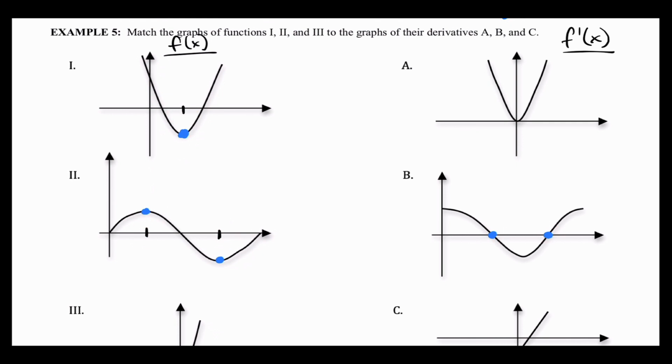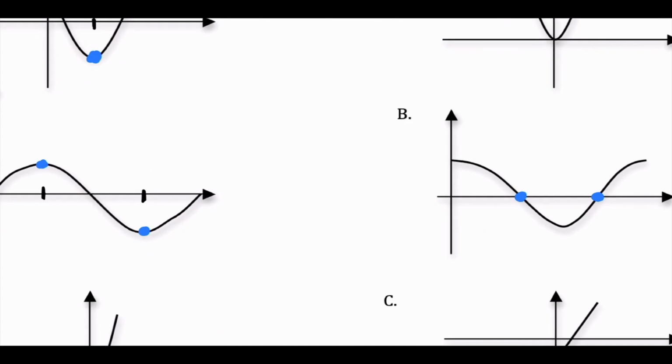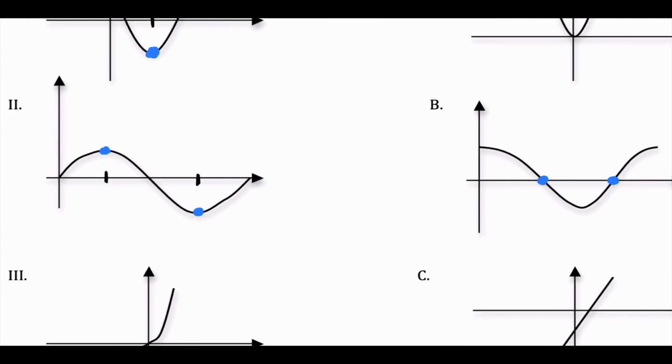So now that we know 2 goes with B, before the first blue dot, what is this guy doing? Increasing or decreasing? Increasing, right? Is that a positive derivative or a negative derivative? So shouldn't this guy have a positive slope before that? This is positive, right? It's positive because it's above the x-axis.